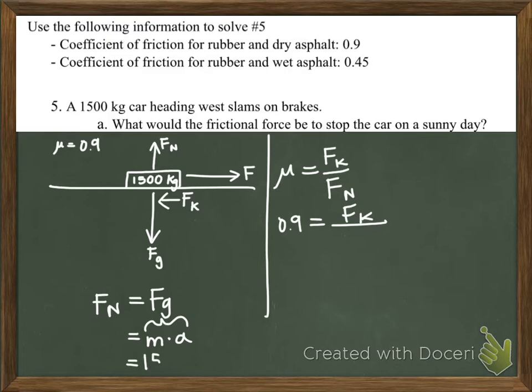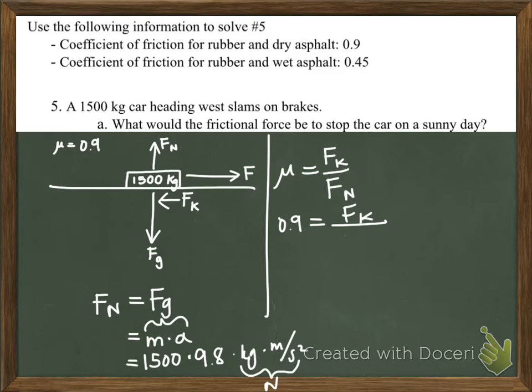So let me go ahead and write 1500 kilograms times acceleration, which is 9.8 meters per second squared. Sorry, I forgot kilograms. So it's going to be kilograms times meters per second squared, and we know what this becomes. This is simply just newtons.